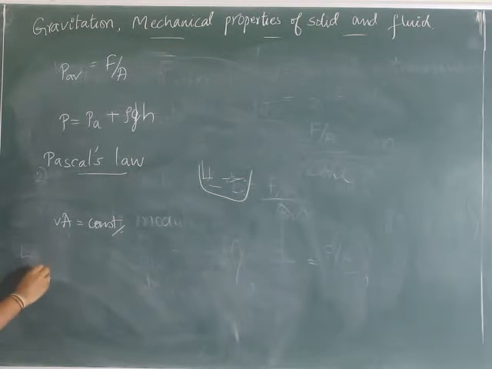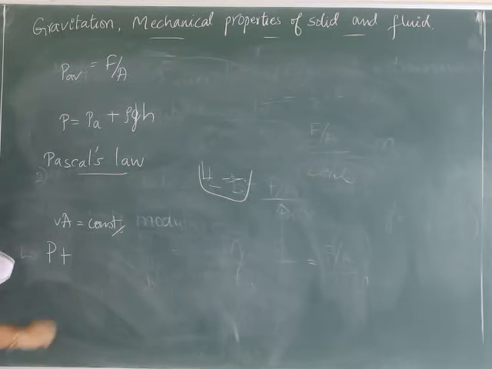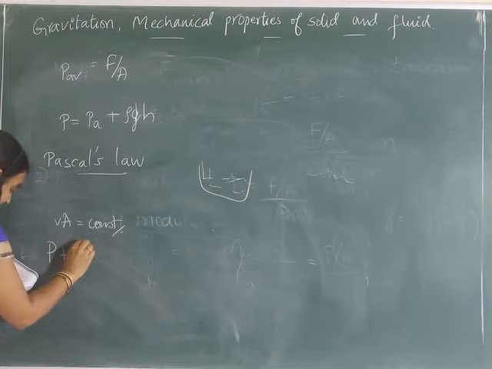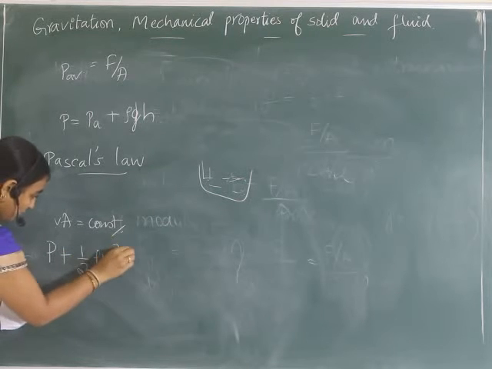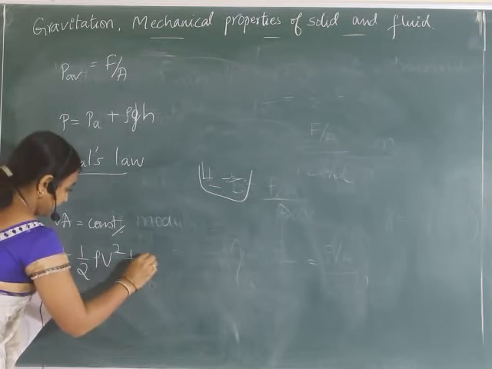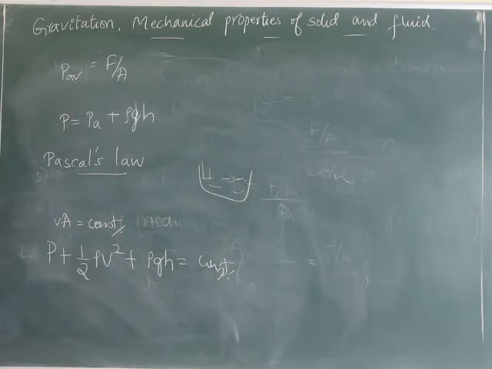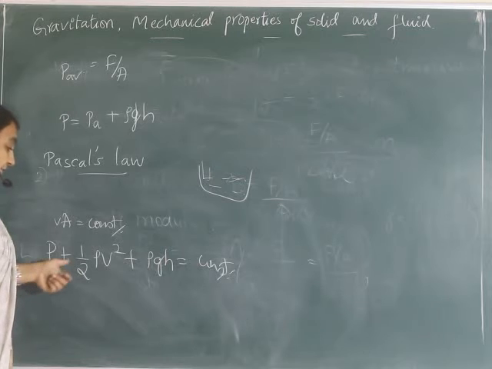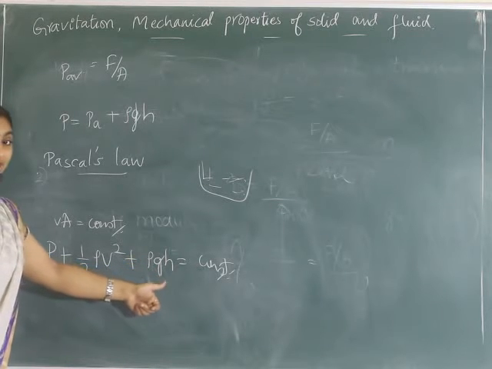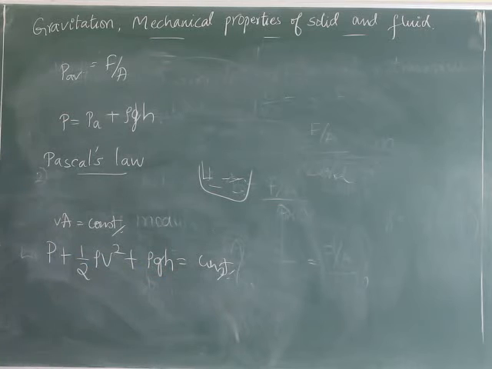Next, according to Bernoulli's principle, for a streamline flow of fluid, the sum of the pressure P per unit volume, kinetic energy per unit volume half rho V square, and potential energy per unit volume is equal to constant.